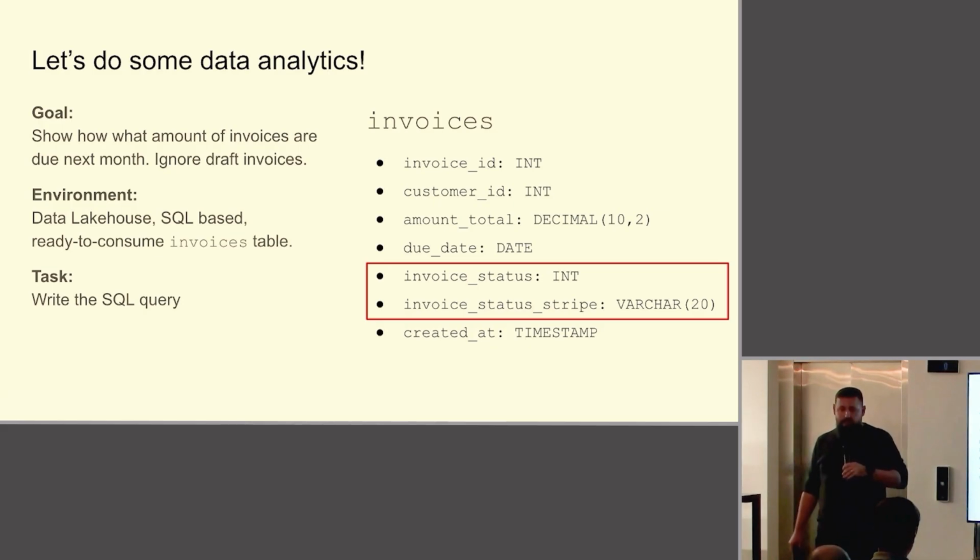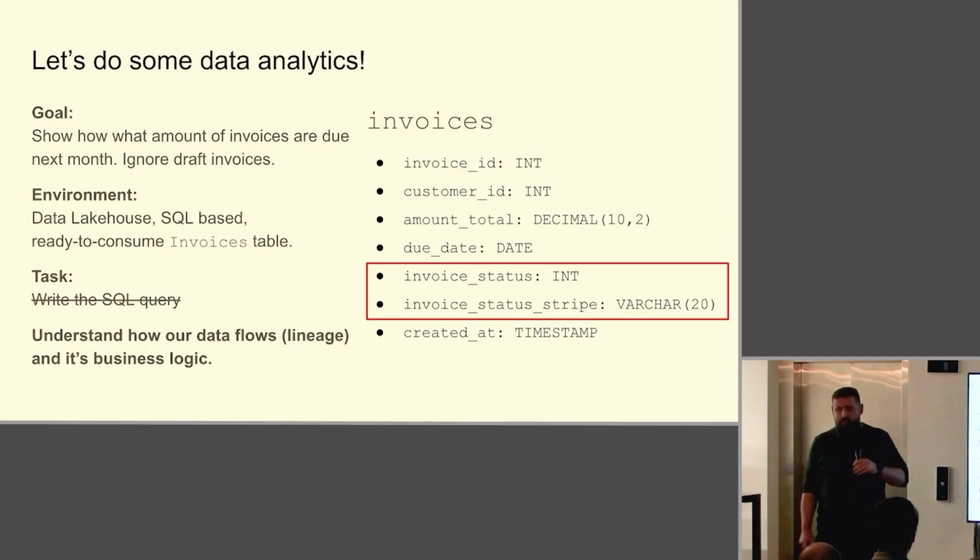These two columns are not matching, so you get a completely different invoice status compared to the Stripe status. So your task is no longer to write a SQL query. Your task is to figure out who the hell created this data, what the transformation logic looks like, and which system those two columns come from.